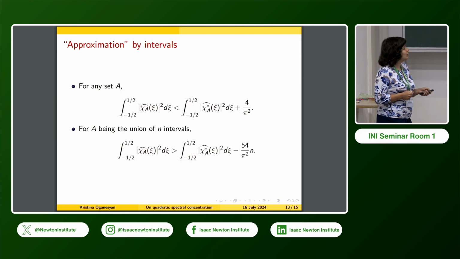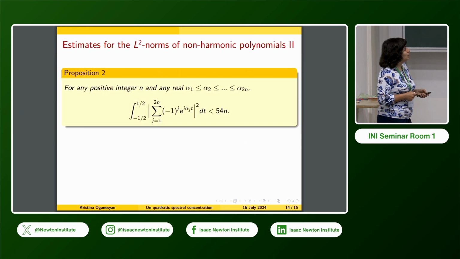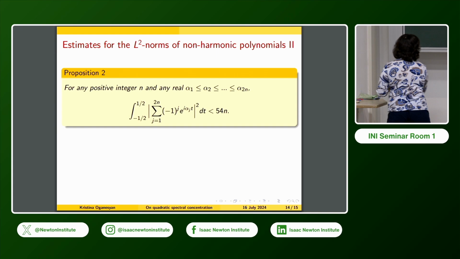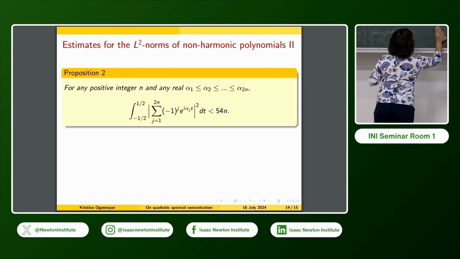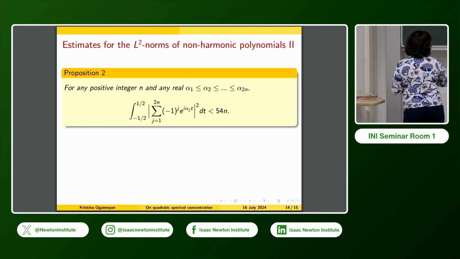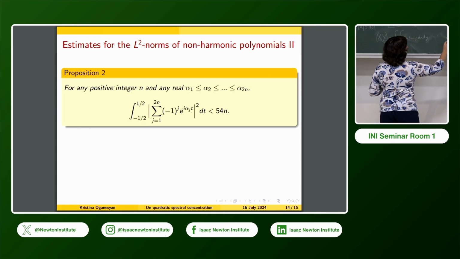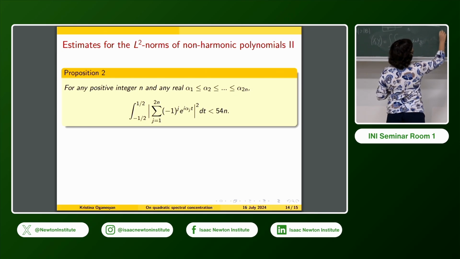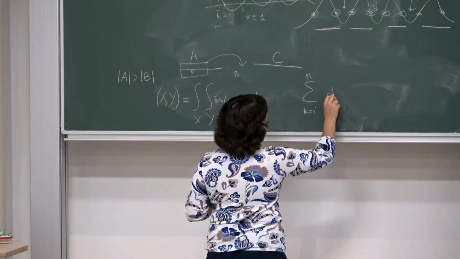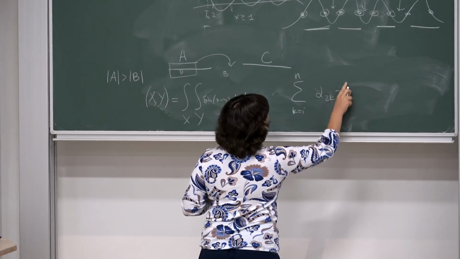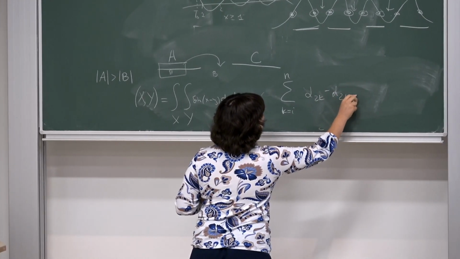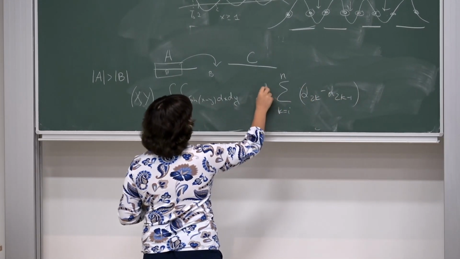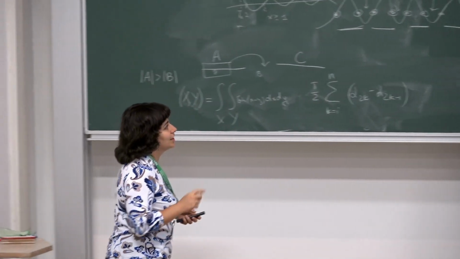And using this argument, actually, you can prove another bound for the non-harmonic polynomials. So the previous bound we saw was, let me write it here, it was this sum here, which did not depend on the number of intervals.